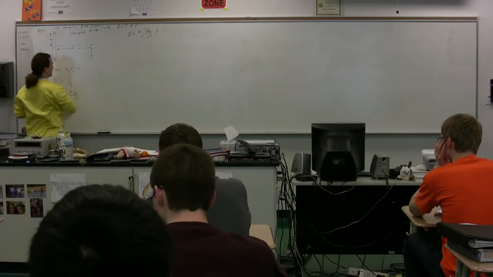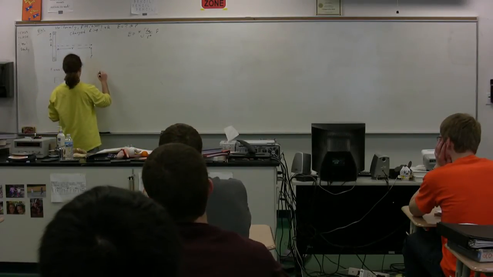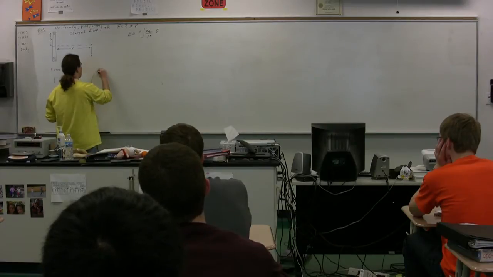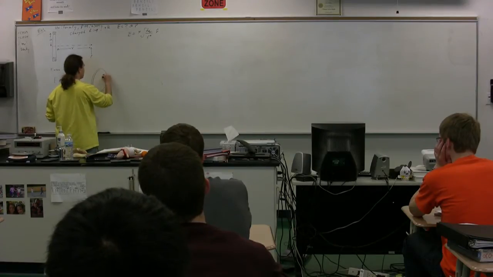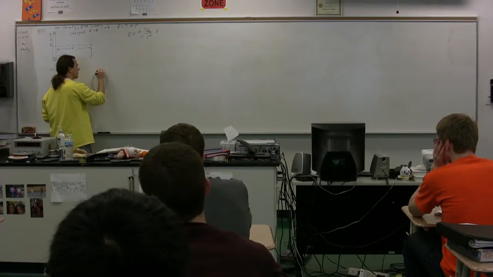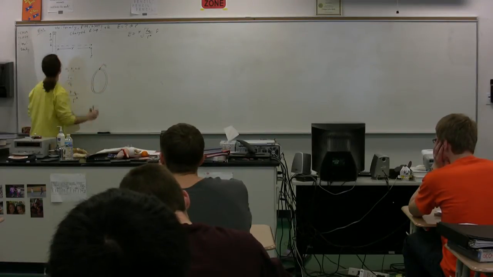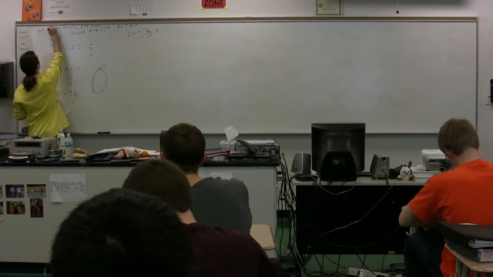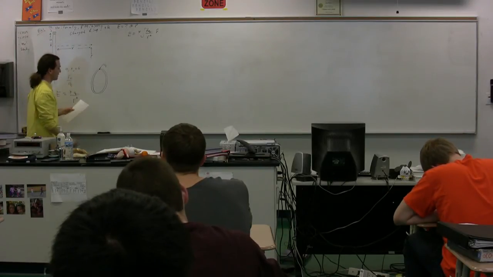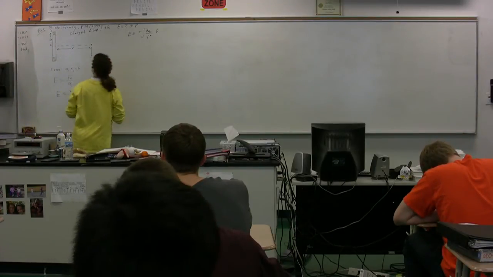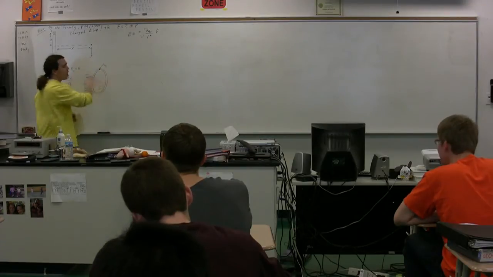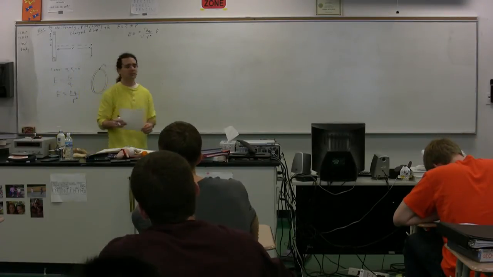Here, I'll try to draw it again just for fun. So this is dq, which is located right there. And we're going to figure out the electric field due to the sum of all of these dq's.